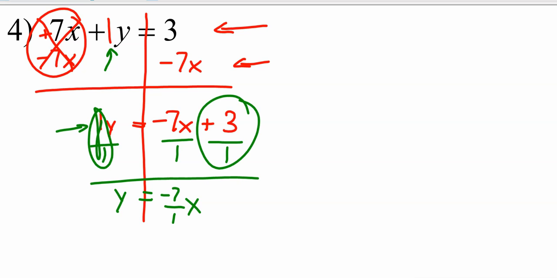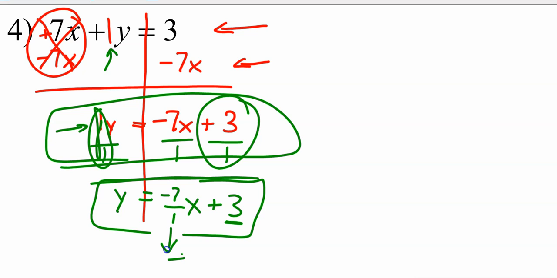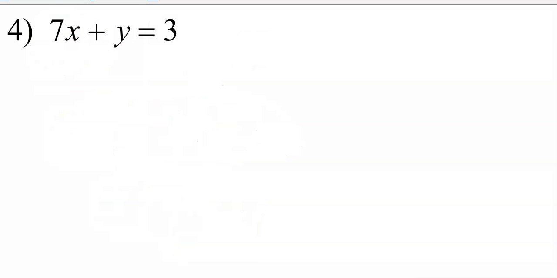We are going to do the math here. 3 divided by 1 is 3. So there you go. You kind of had that up here, but we didn't need to do it. And you put your dot at 3, you would go down 7 and right 1, and then do it in reverse.